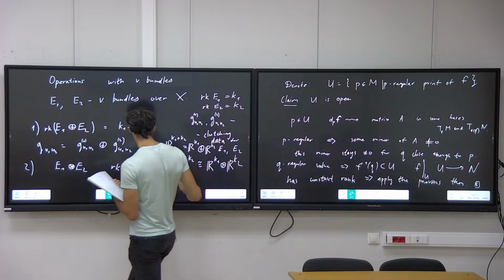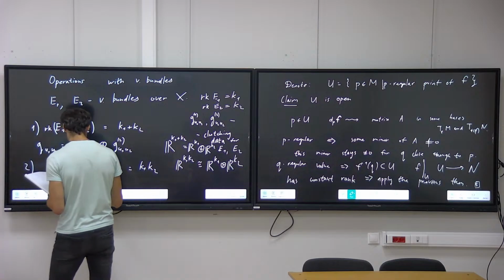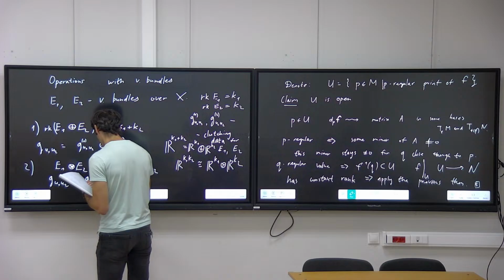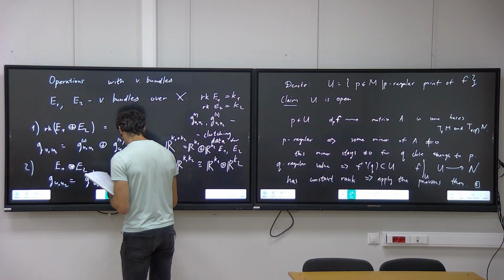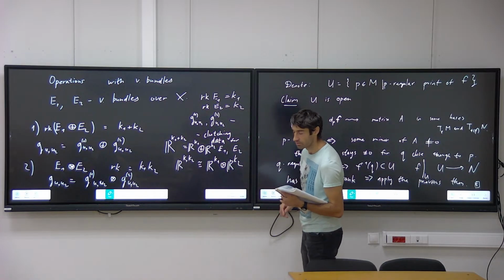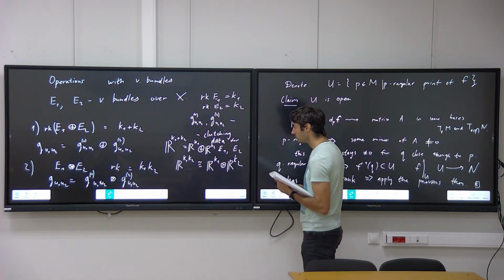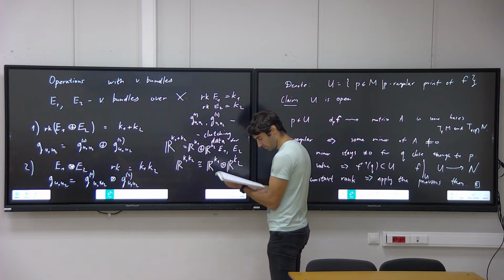And then, of course, here I can consider g U1 U2, which seems like rewriting the same operation over and over again, but it's just how you define things. This is a well-defined transformation in here.